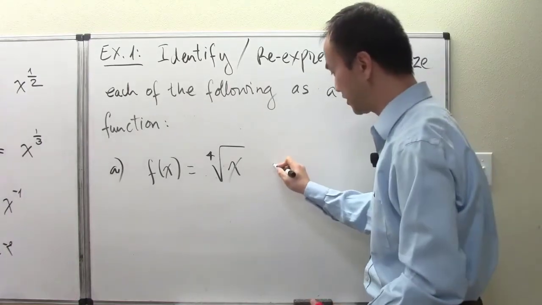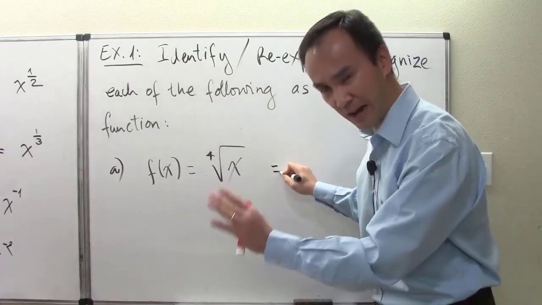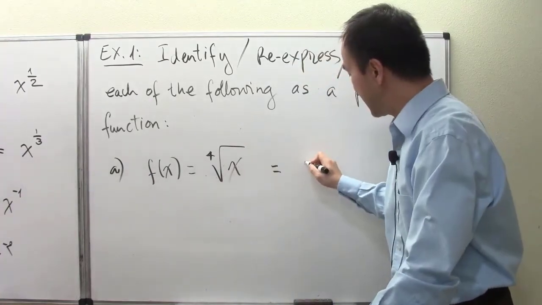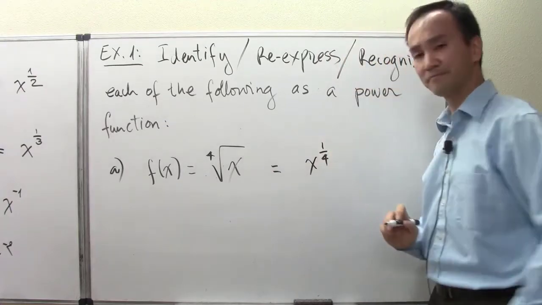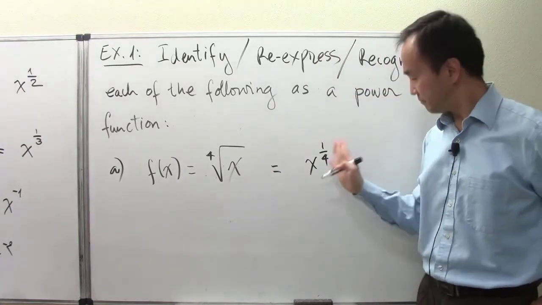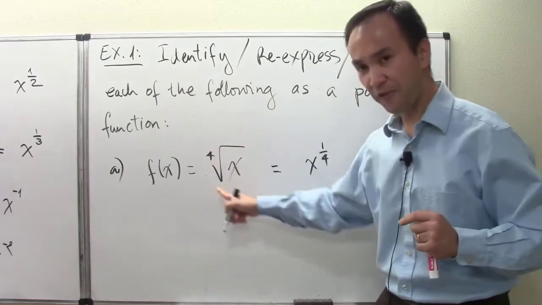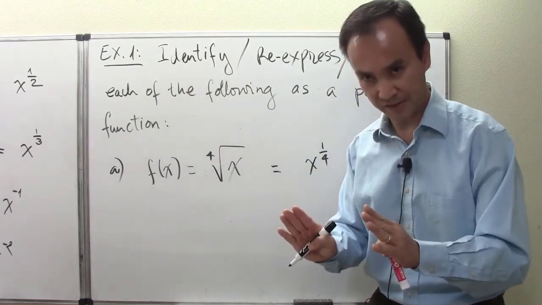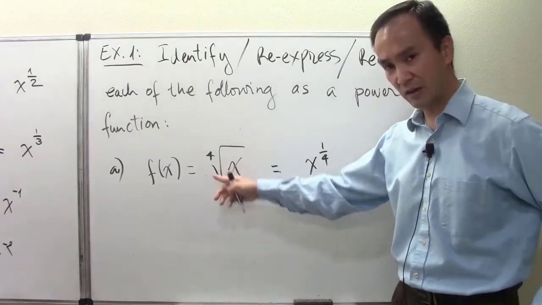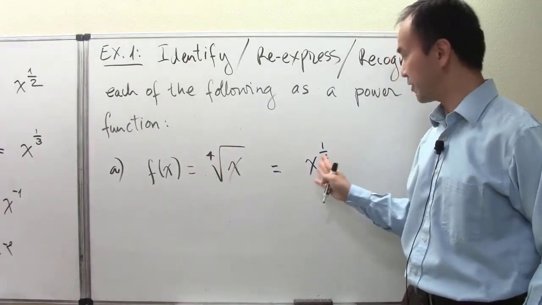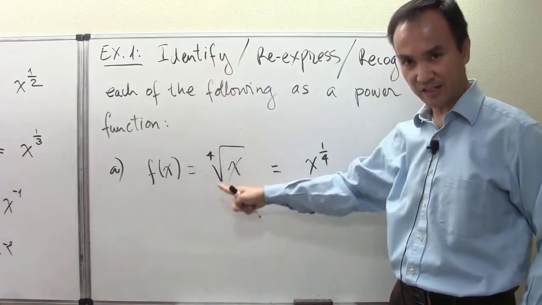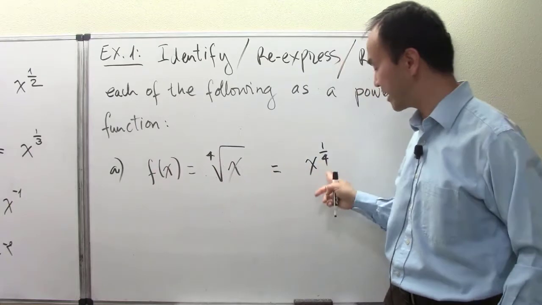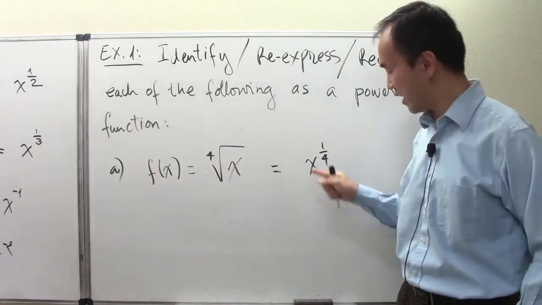So with our algebra understanding, this can be easily re-expressed as x to the 1/4 power. That's simply it. The function itself, at first given, may not have been so well recognized as a power function, but now with our algebra understanding, we can re-express, or we identify this as a power function. The given function started out in root form. I re-express that as a power 1/4, so x to the power 1/4.